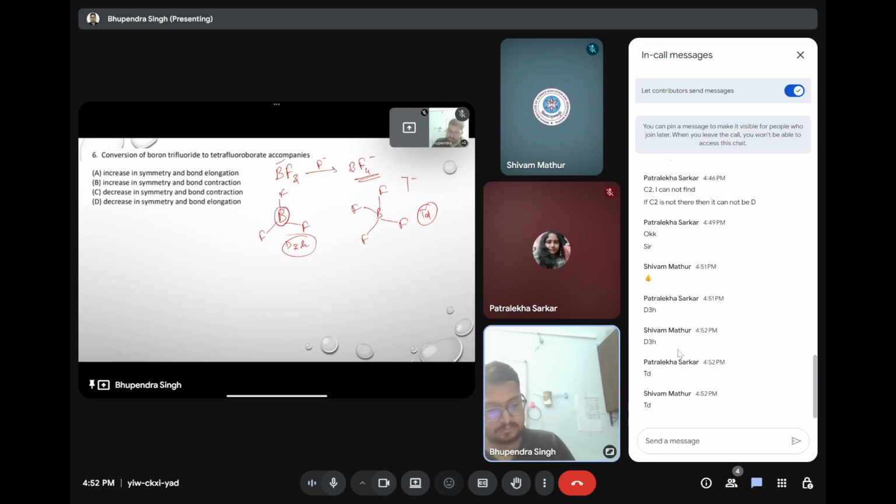Now this atom is boron. So the electronic configuration is 1s2, 2s2, 2p1, right? Hydrogen, helium, lithium, beryllium, boron, 5. Yes, it is correct.